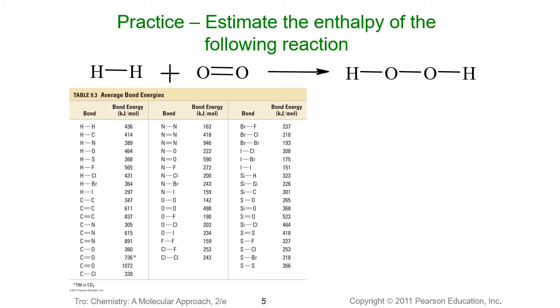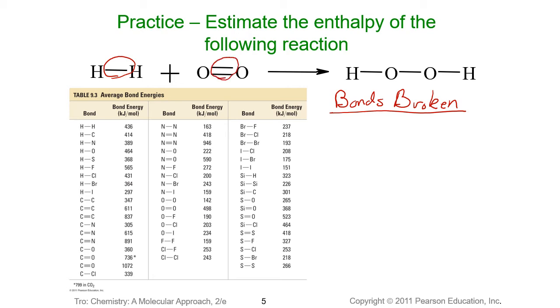Here's a practice example for you to try. Pause the video and see if you can estimate the enthalpy of the reaction. Let's look at the bonds that we have to break. We're going to have to break our hydrogen-hydrogen bond.